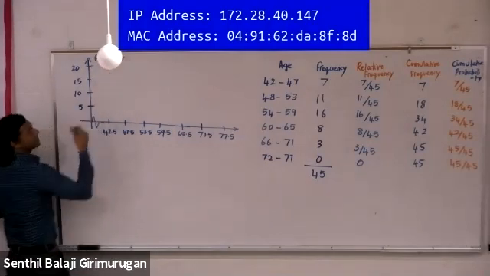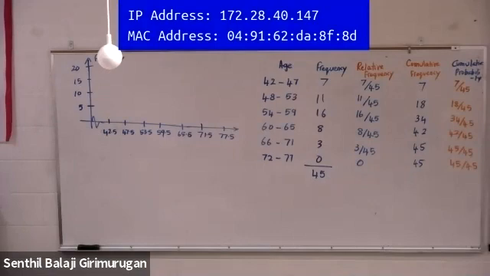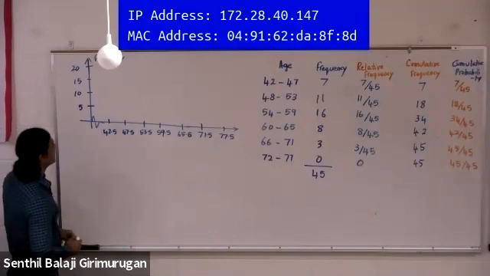You can either use a frequency or you can use relative frequency. The shape that you get will not change if you simply change the y-axis from frequency to relative frequency. I'm just going to use frequency because it's easy to interpret.